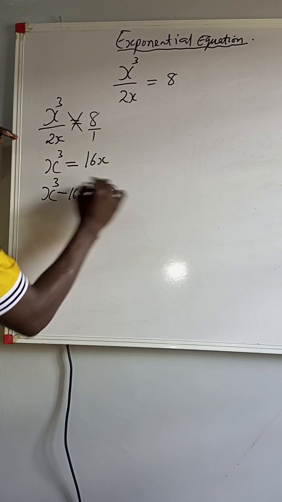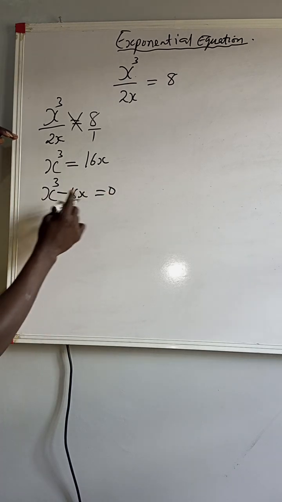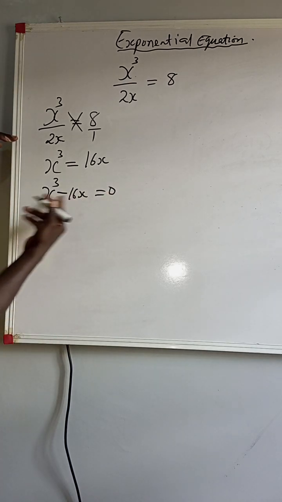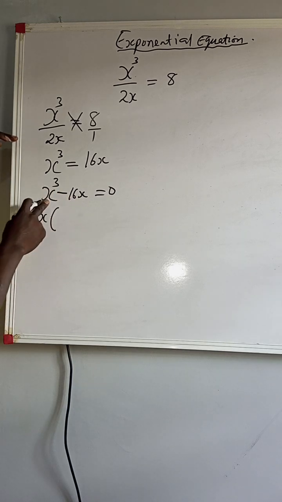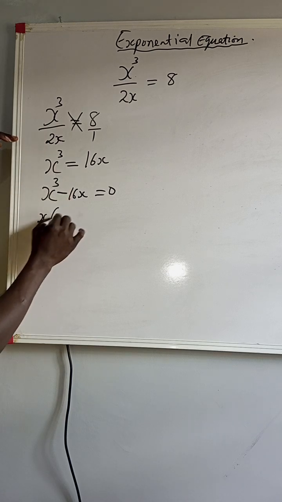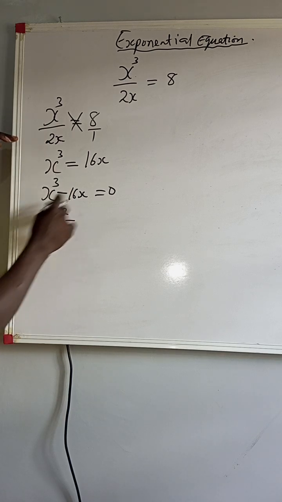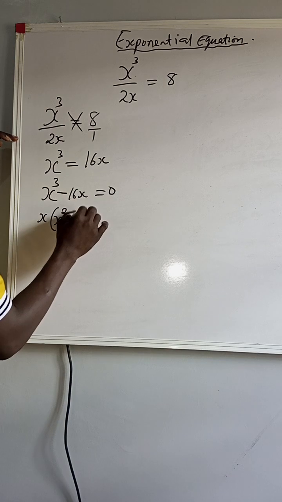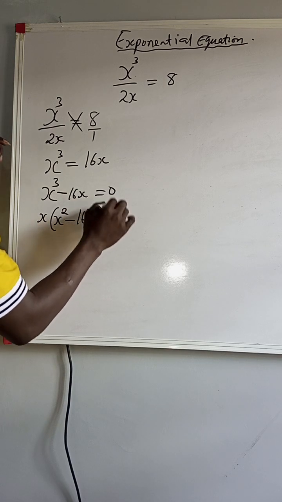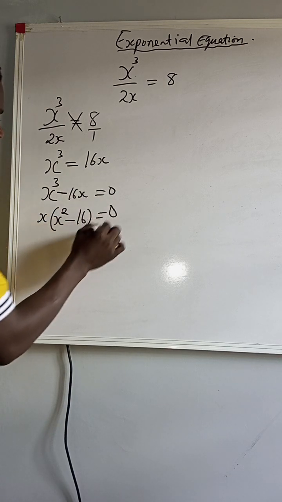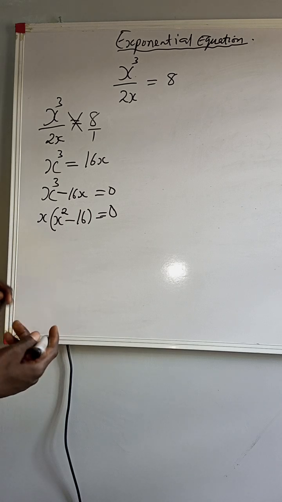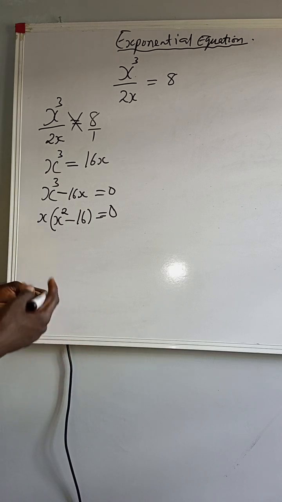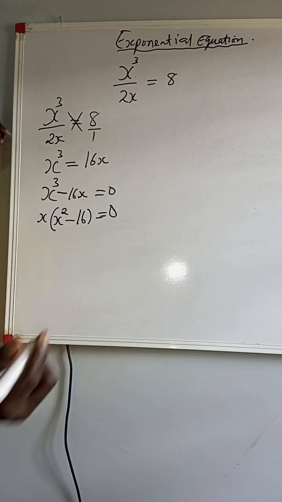60x equals to 0. From here, we'll factorize x out because x is common to both terms. We have x into, when x divide x raised to power 3, we have x raised to power 2, minus when x divides 60x, we have 60 equals to 0. From here, we discover that we have two factors. So whenever we have two factors in quadratic equation, one of the factor will be equals to 0, while the other will be equals to 0.